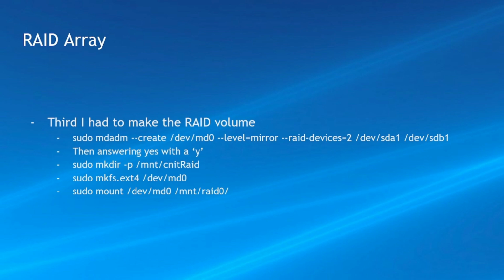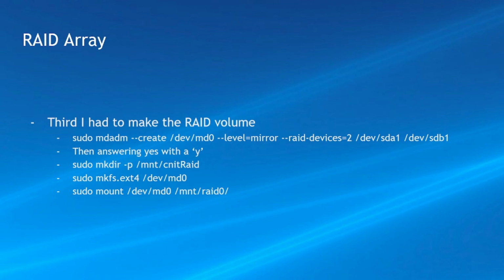Next, I had to make the RAID volume. The first command is actually allowing the volume to be made, and then answering yes with a Y allowed for it to actually format it and bypass what I needed to get through.